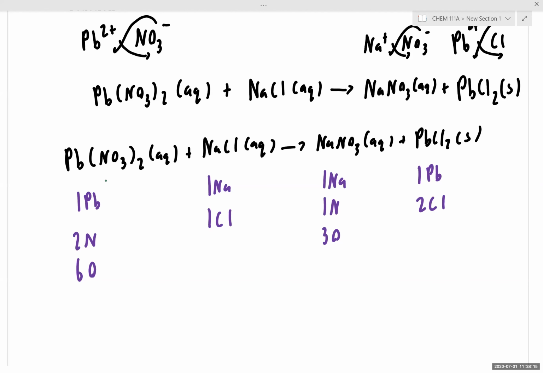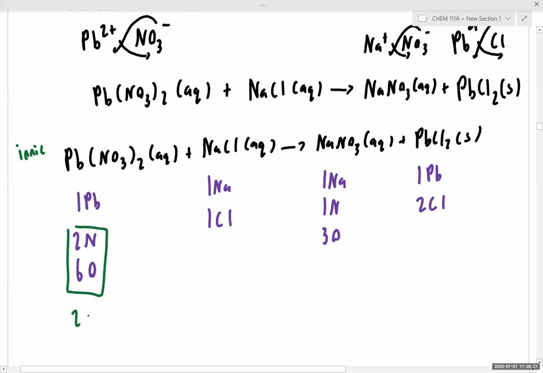Oxygen. Yeah, now for this equation, this type of equation is known as an ionic equation. And you can think about balancing ionic equations in terms of ions. So you can say that we have 2 nitrate ions in this above example. Well, in the species on the right, we just have 1 nitrate ion.